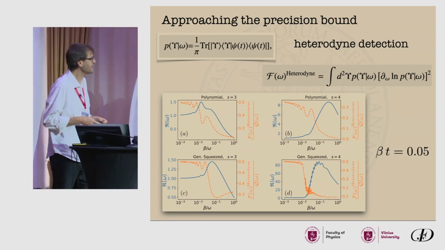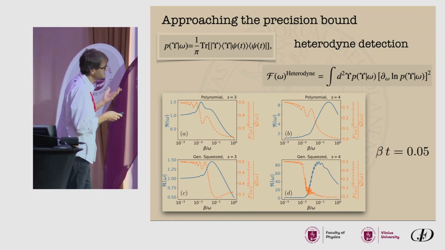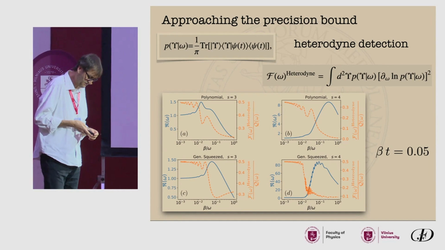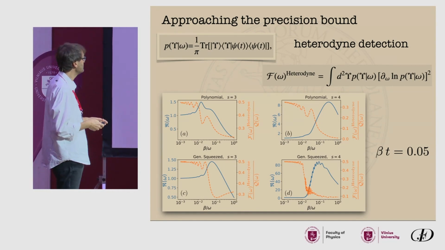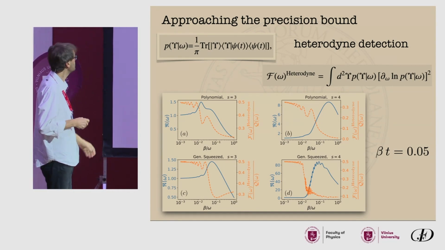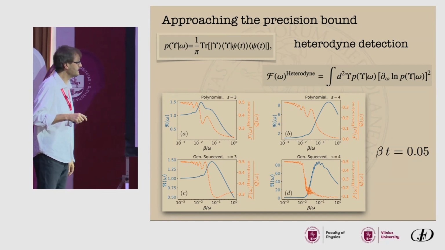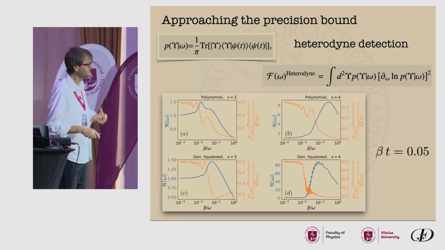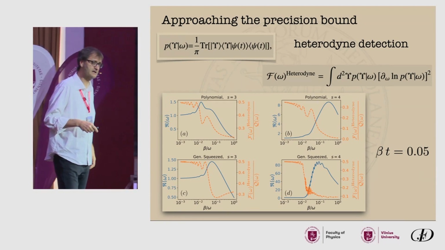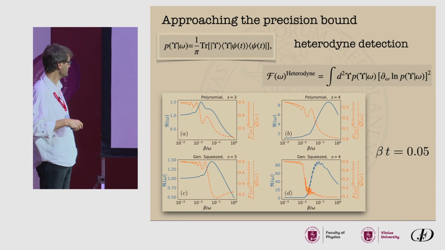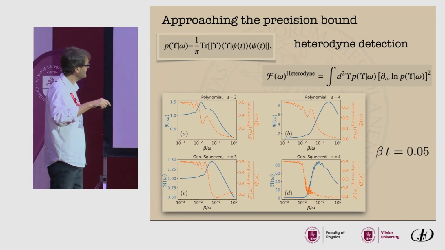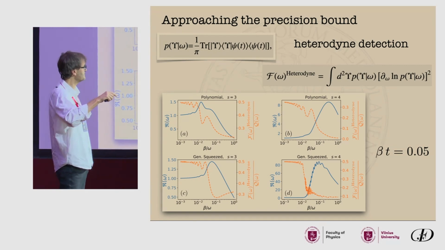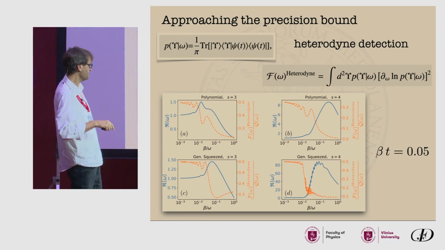And we started with the simplest measurement we can imagine in this framework, which is a heterodyne measurement, the projection on a coherent state. And we calculate the Fisher information of the heterodyne and see how this behaves against the quantum Fisher information. So the red curve is the ratio between the Fisher information of heterodyne detection and the quantum Fisher information.